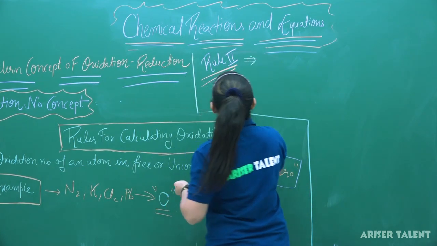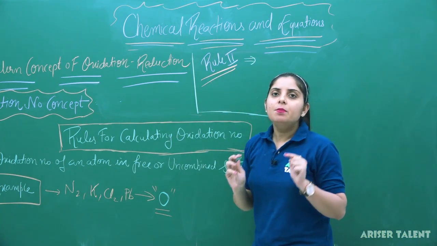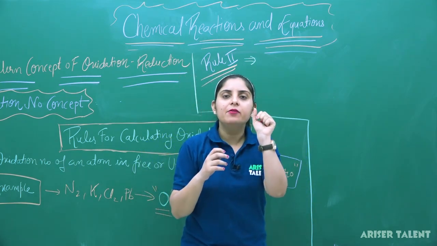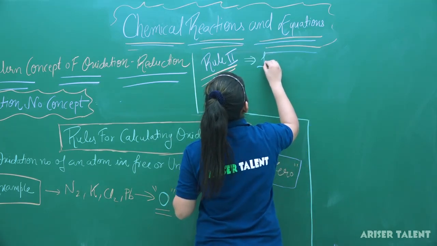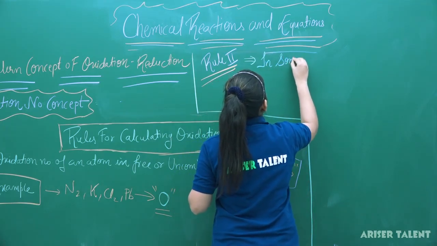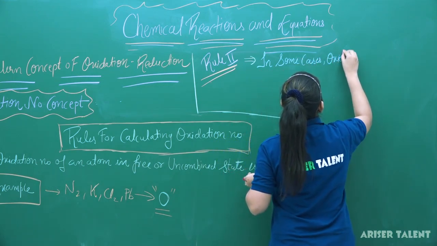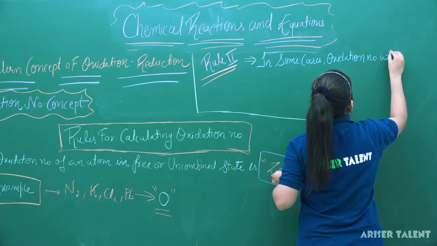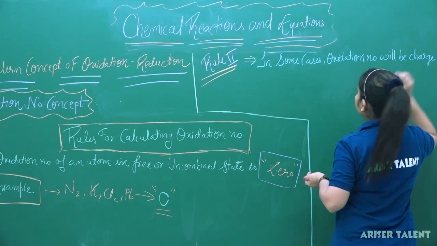for some elements, the charge they carry will be equal to their oxidation number. So our rule number 2 is, in some cases, oxidation number will be the charge on that ion.